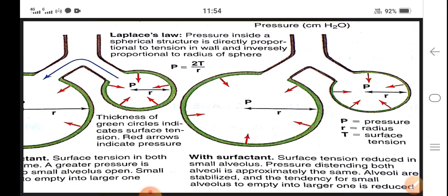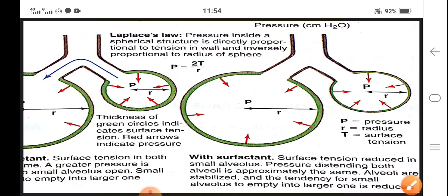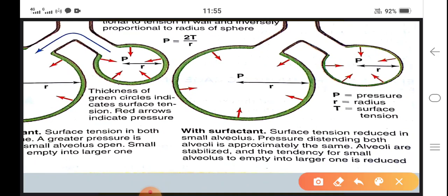And this is Laplace's Law again. P is equal to 2T upon R. These are the alveoli with surfactant. Surface tension is reduced in the small alveolus.